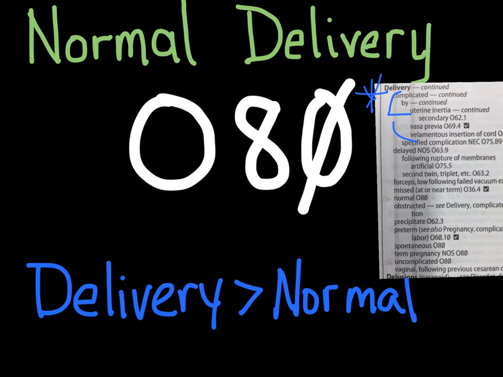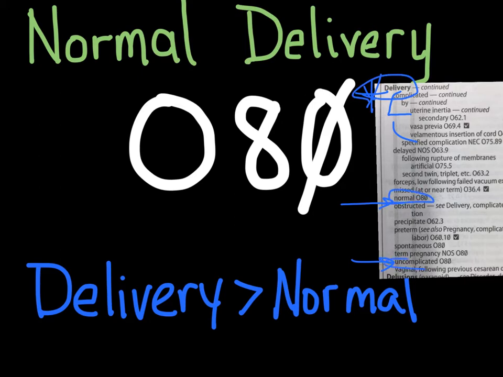However, there are certainly those deliveries that are considered plain old normal or uncomplicated. These are coded to the code of O80. This code is found by locating the main term delivery, normal, or uncomplicated.